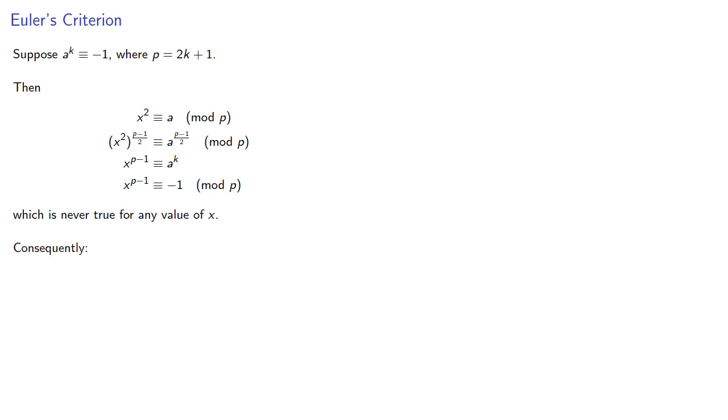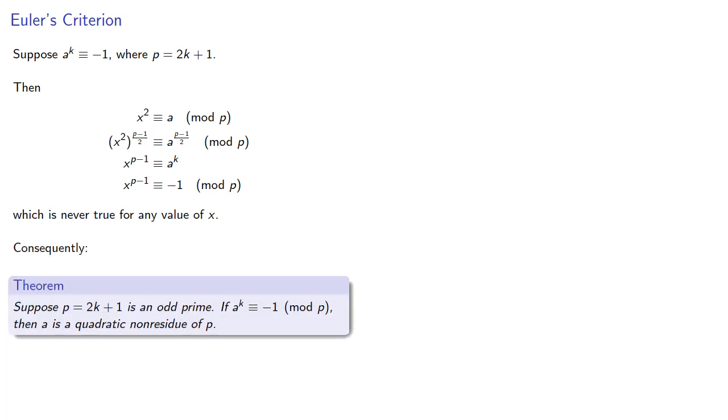Consequently, if P is an odd prime and A to the power k is congruent to negative 1 mod P, then A is a quadratic non-residue of P. Don't even bother trying to solve this congruence because it has no solution.